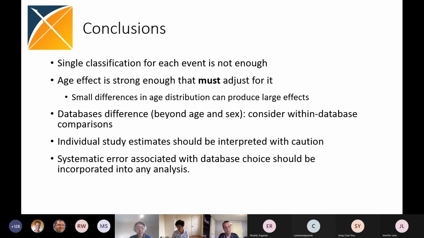Another thing that is not negligible is the database difference, which goes beyond age and sex differences. So theoretically, doing a within-database comparison might be more reasonable. We also hope that the rates reported in other studies can be interpreted with caution.